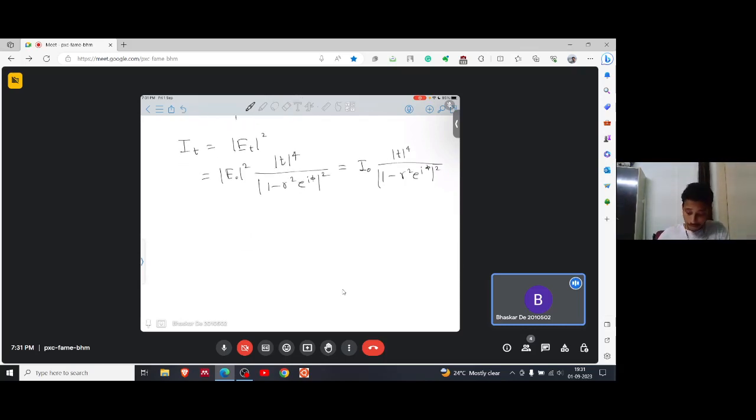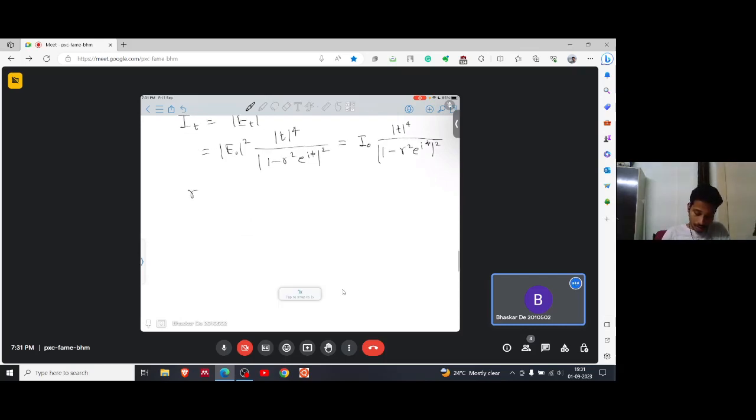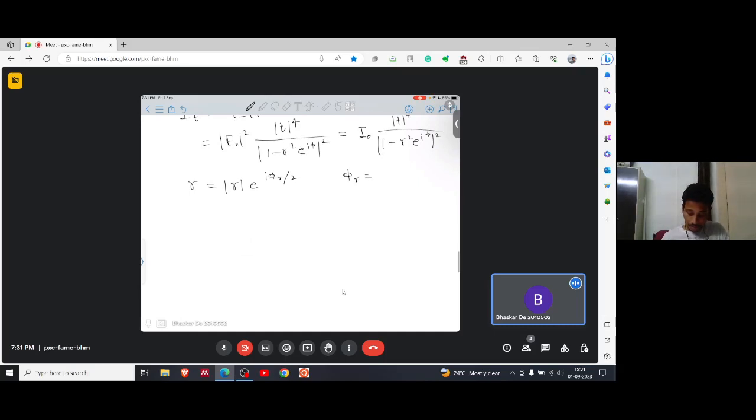So now during transmission we have added the additional path length, but during reflection we can think about r equal to modulus r e to the power I phi r by 2. So here phi r will have either 0 or pi.